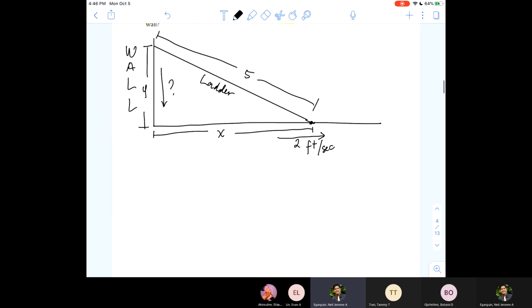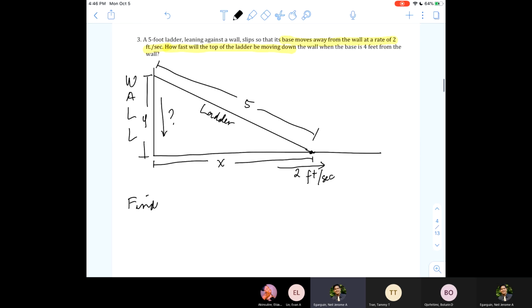And with this, if you go back to the problem, we really need to find the rate at which the top of the ladder is moving down. So we're looking for dy over dt at the particular instant when the base is 4 feet from the wall.